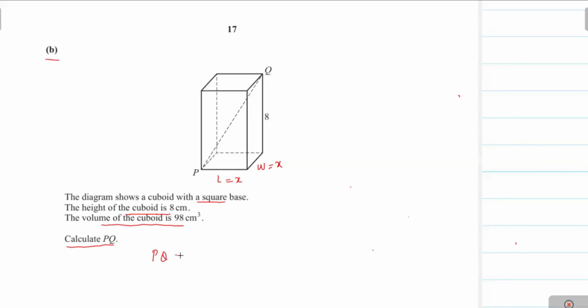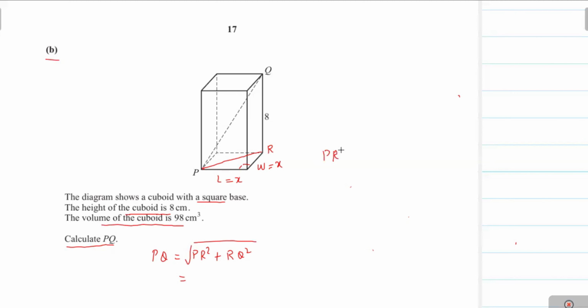The length of PQ will be equal to the square root of the square of this diagonal length plus the square of the height. This is the diagonal, we name it PR. Therefore, the square root of PR square plus RQ square will be equal to PQ. You see here, this is the square and this is a right angle triangle.